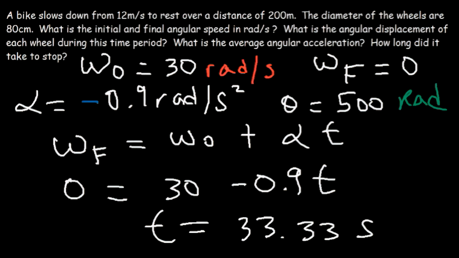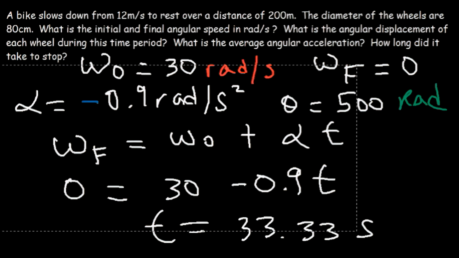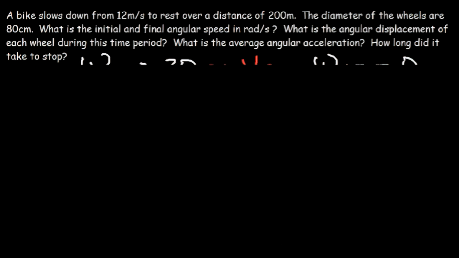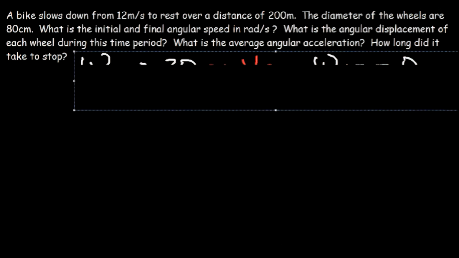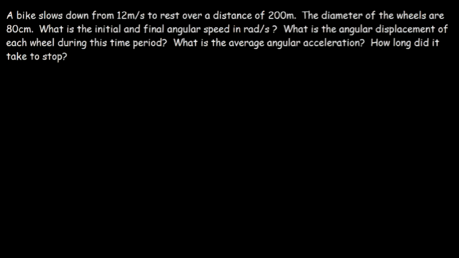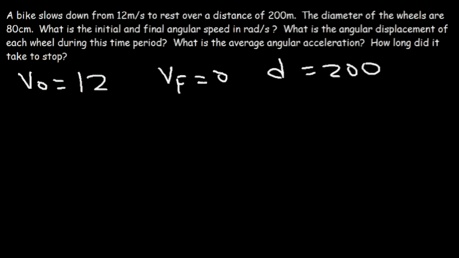Now we can confirm this answer using linear kinematics. We have the initial speed, the final speed, and we have the distance, so we could find the time. The initial speed is 12 meters per second, final is 0, and the displacement is 200. So we can use this equation.